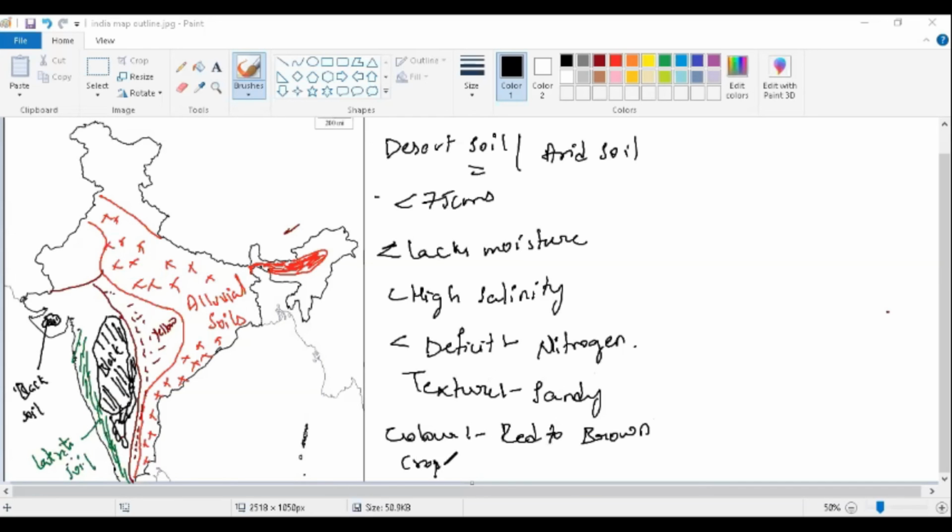And crops are xerophytic crops like cactus, which can sustain water deficit conditions. Fine, here is desert soil or arid soil.